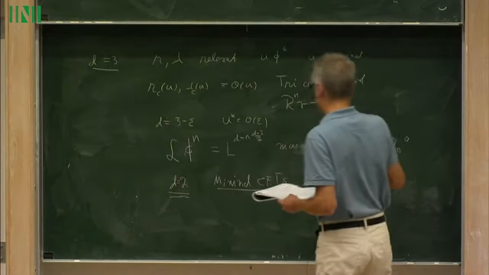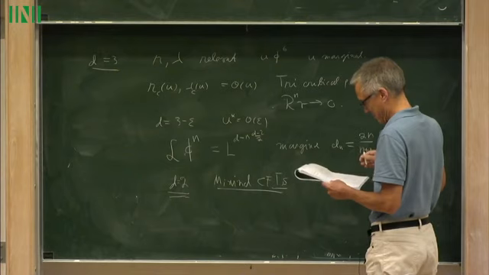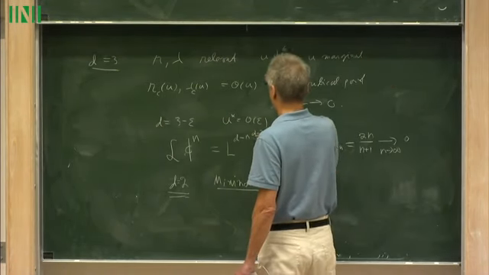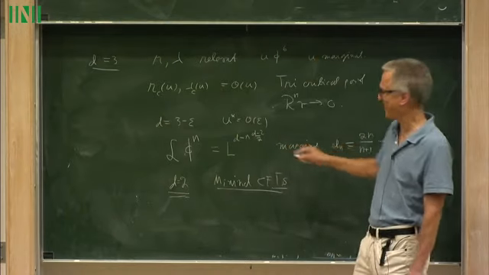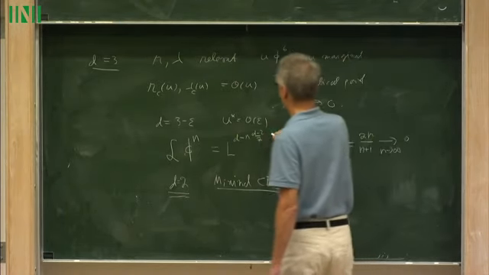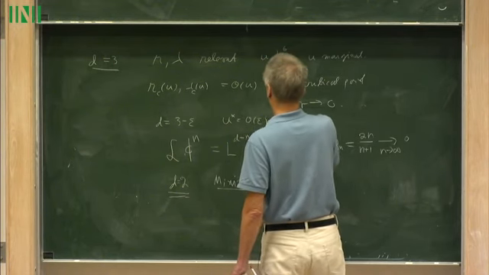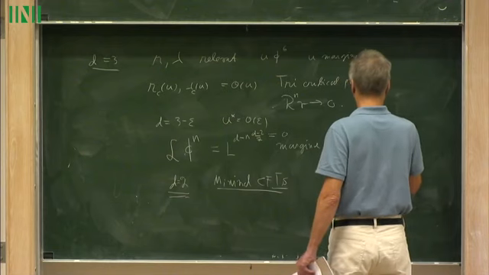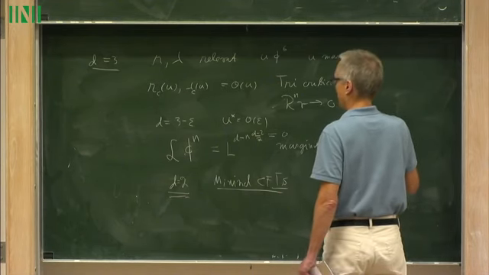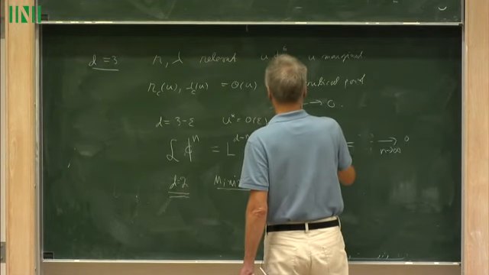So did I solve it wrong? So 2d over d minus 2. No, I want to solve for d.